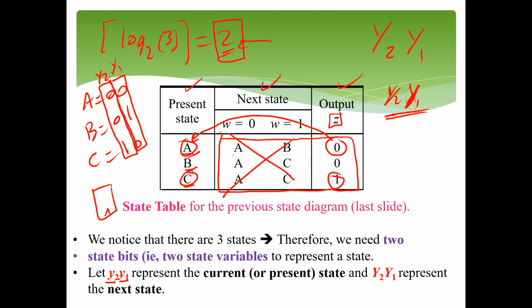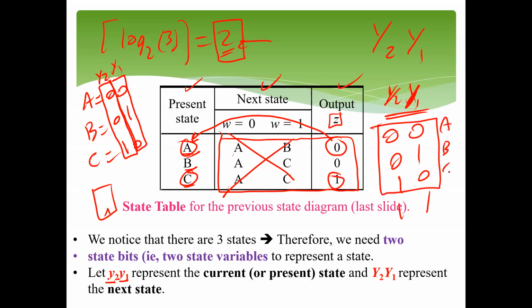I have 2 bits, how many values do I get from 2 bits? 4. Everyone, speak up. 4: 00, 01, 10, and 11. So I only use 3 of those. I have 3 states only, A, B, and C. So I have one extra combination that I'm not going to use.